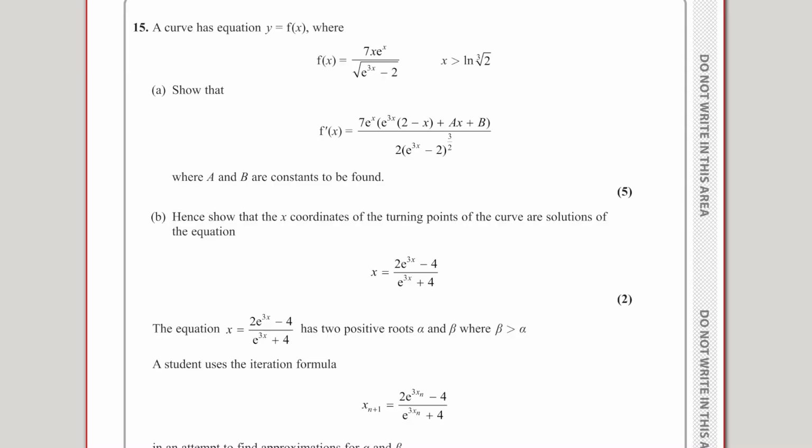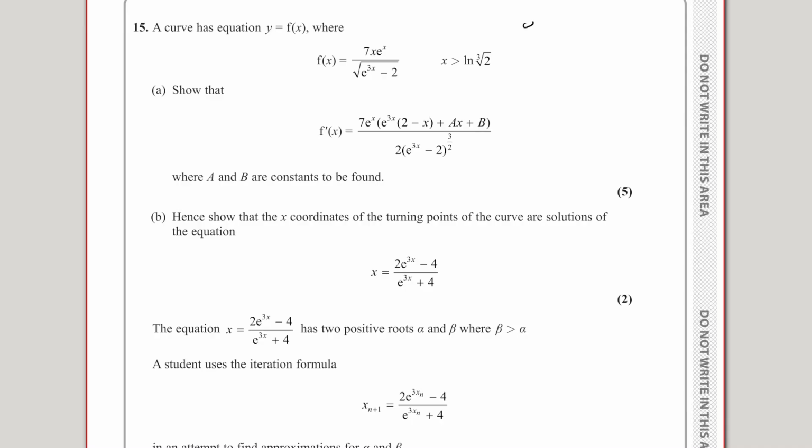Question 15. A curve has equation y = f(x), where f(x) is 7x eˣ over the square root of e^(3x) − 2. We need to show that f'(x), our gradient function, is equal to this, where a and b are constants to be found. So we are differentiating, and it's a fraction. We're going to use the quotient rule.